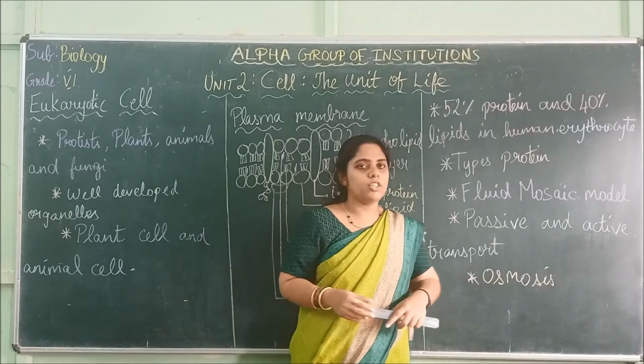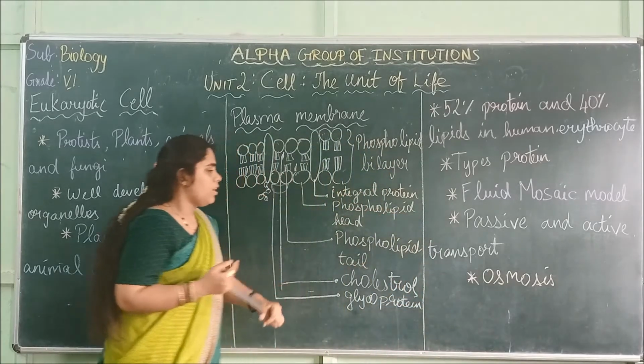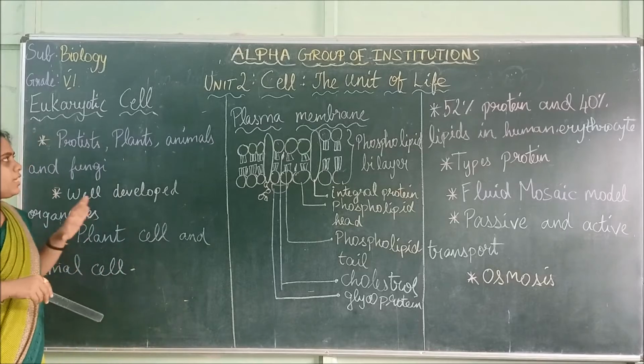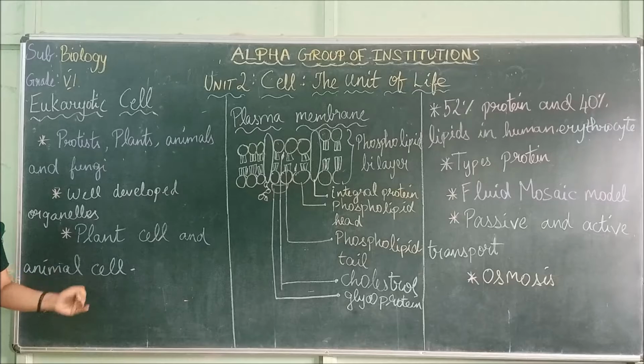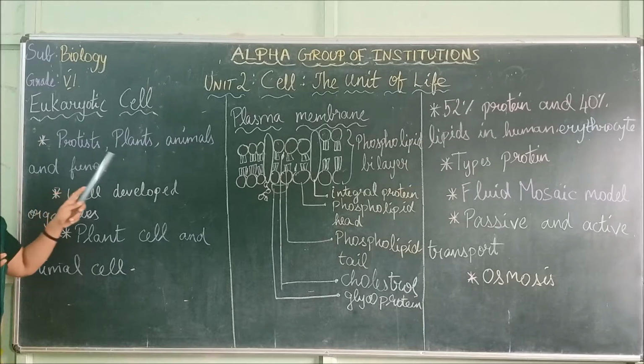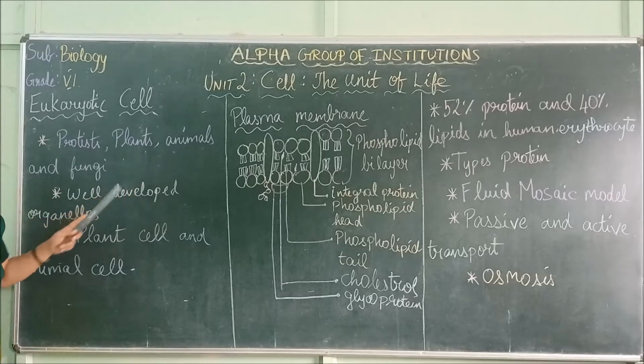Now I will give you a short recap from the first. In this video, we are only seeing eukaryotic cells. These eukaryotic cells are present in protists, which are a little higher: fungi, algae, all these things are protists. So protists, plants, animals, even human beings, we also have the eukaryotic cell only, and fungi.